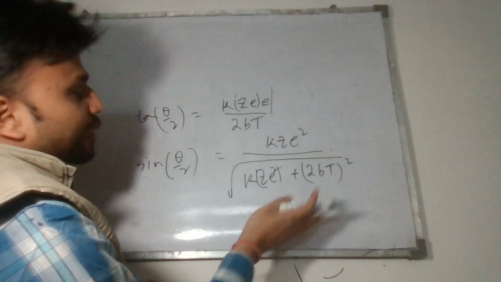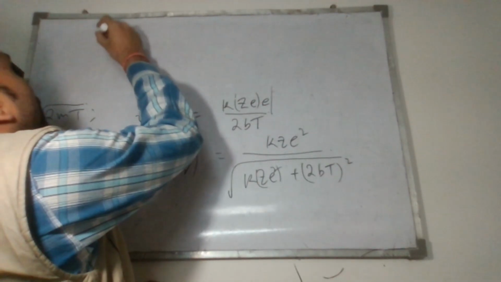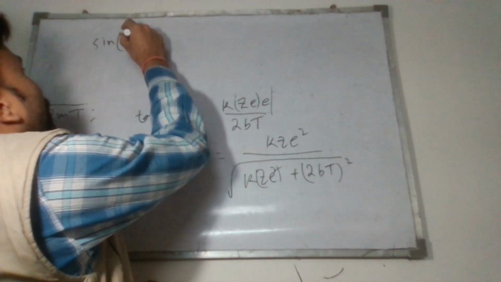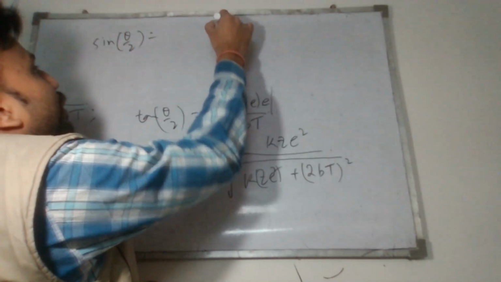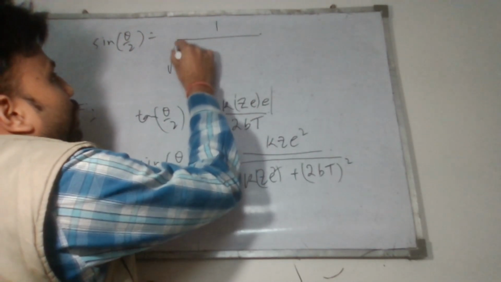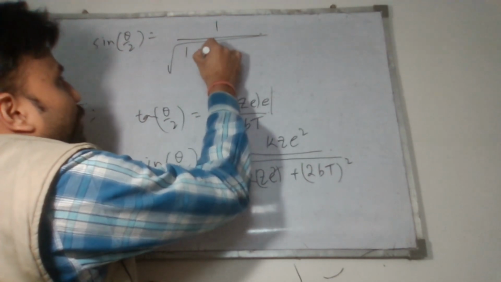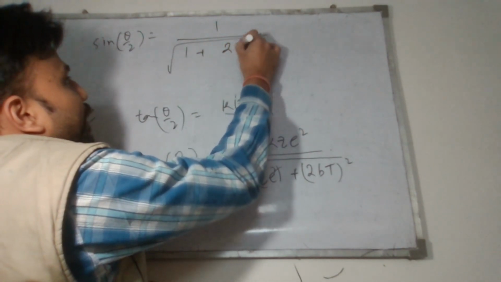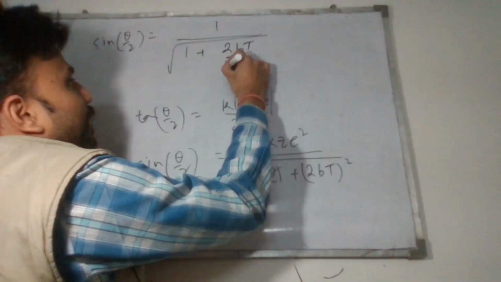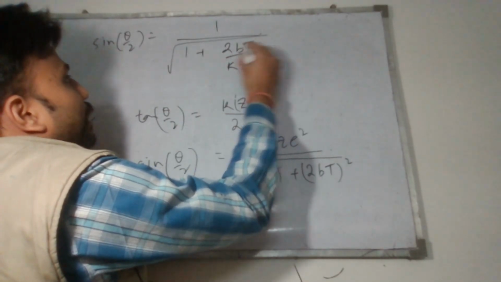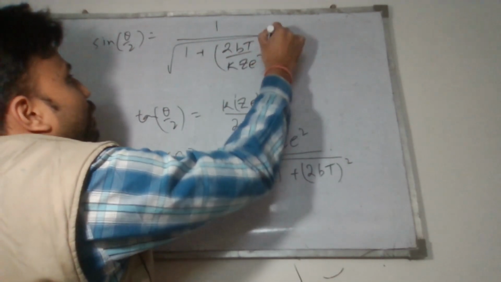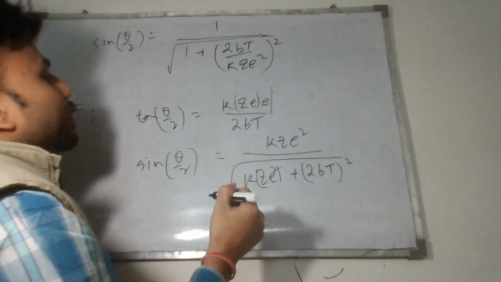If we take KZe square in the denominator, this sin theta by 2 becomes 1 upon the square root of 1 plus (2bT upon KZe square) whole square. So this is what sin theta by 2 is.